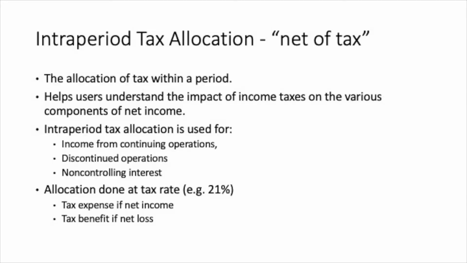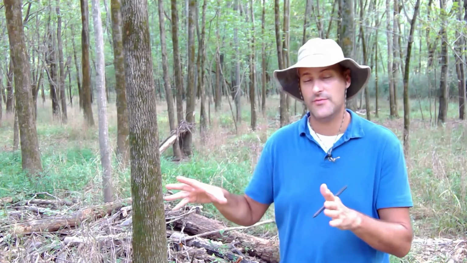Now, both discontinued operations and non-controlling interests get reported what we call net of tax. Net of tax is an intra-period tax allocation. What we do here, we take the total tax for the period based on the total income for the company, and we allocate that within items on the income statement.